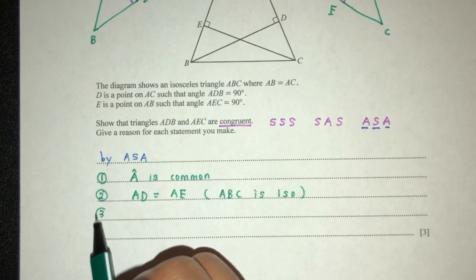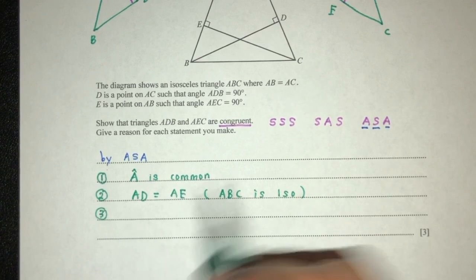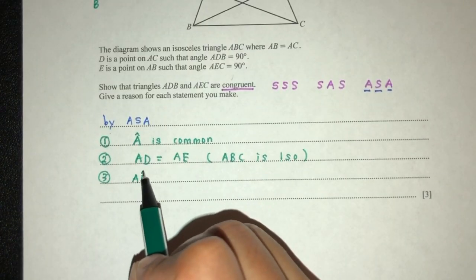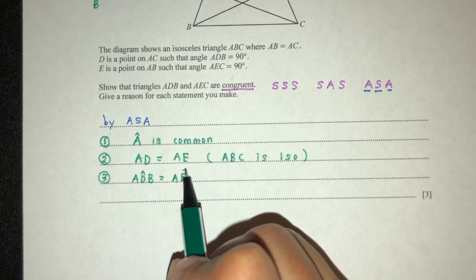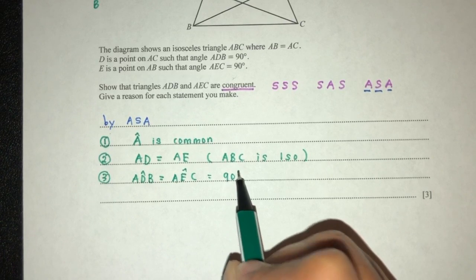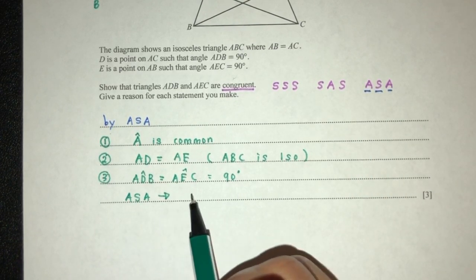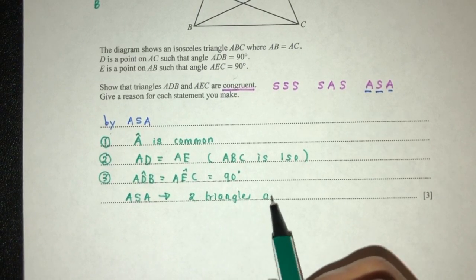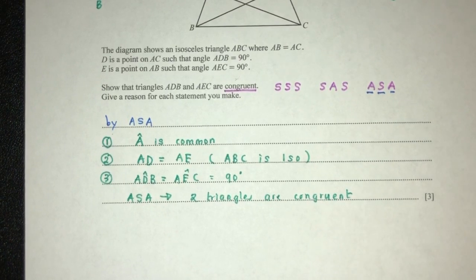And number three, we have seen that angle ADB is equal to angle AEC, which is 90 degrees. So by ASA, we prove that the two triangles are congruent. Congruence means exactly the same, not the same thing as similar. So that will be question number 17.